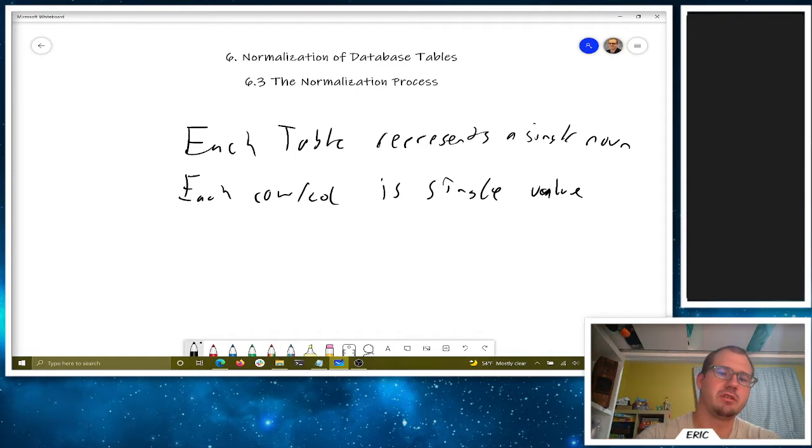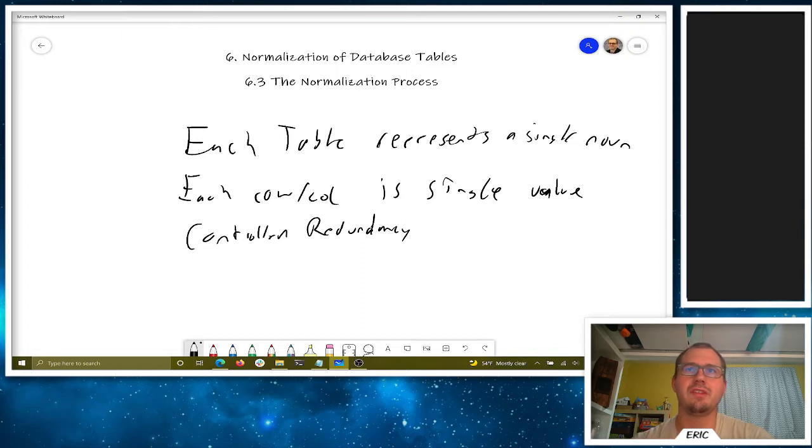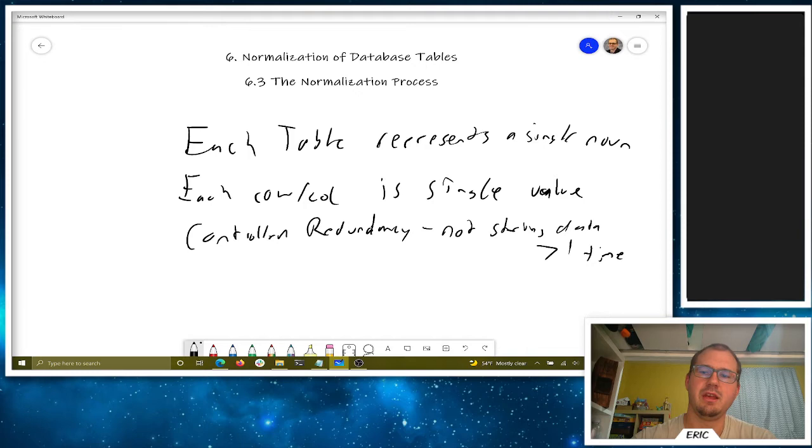And then we want to make sure that we have controlled redundancy, so that we don't store the same data more than once, right? So not storing data more than one time. Now, we understand foreign keys are the controlled redundancy here, right? So we can store a foreign key in more than one place because that represents the rest of it here.